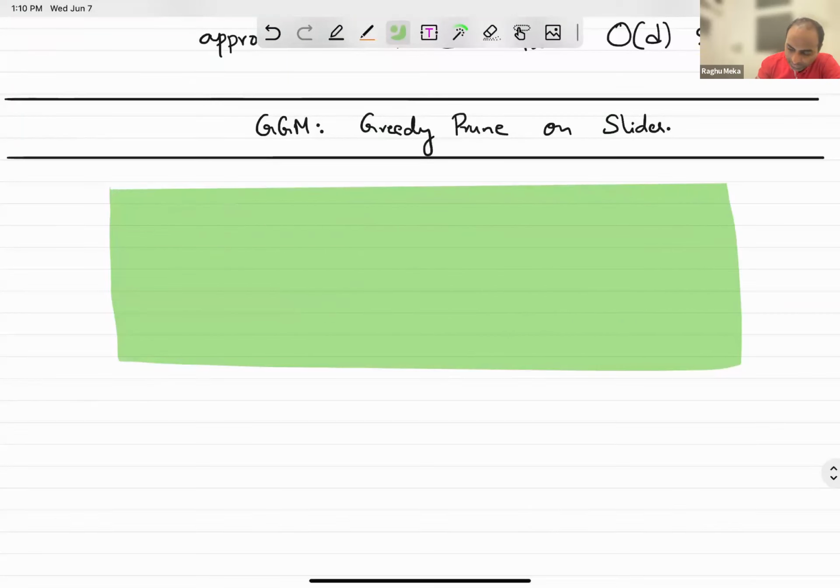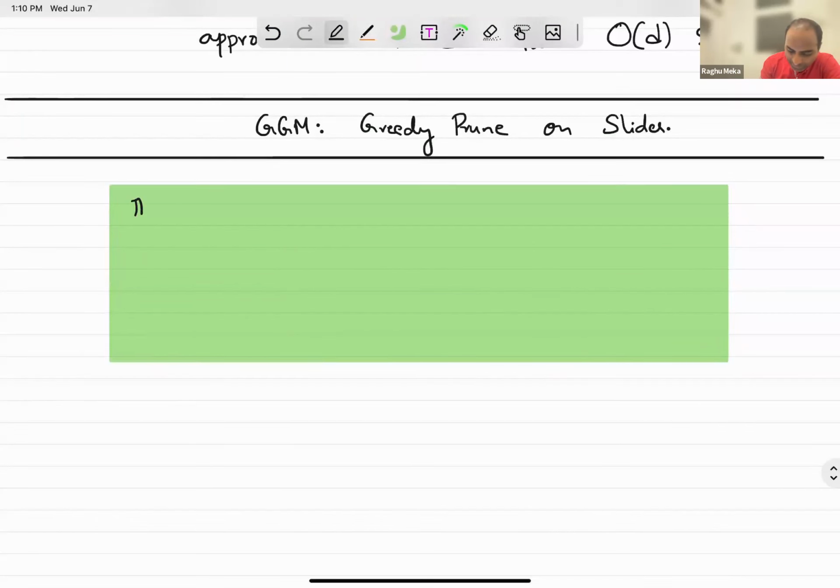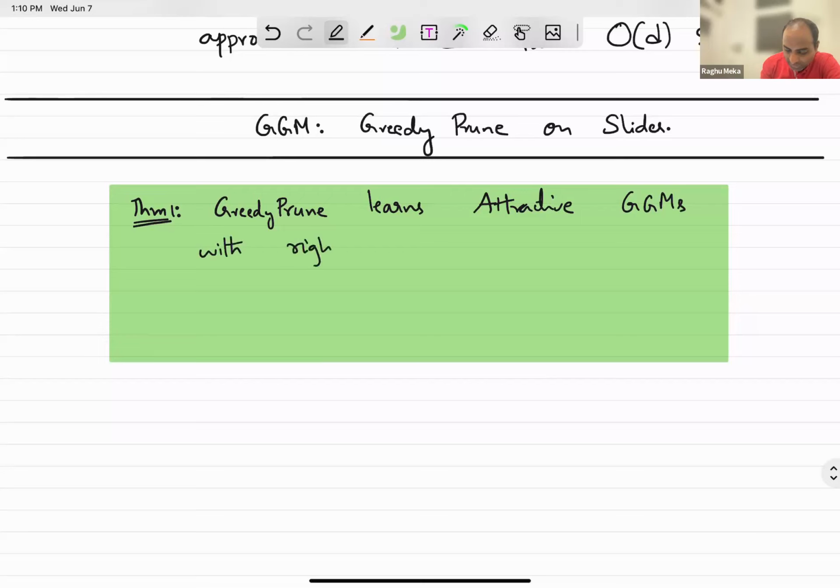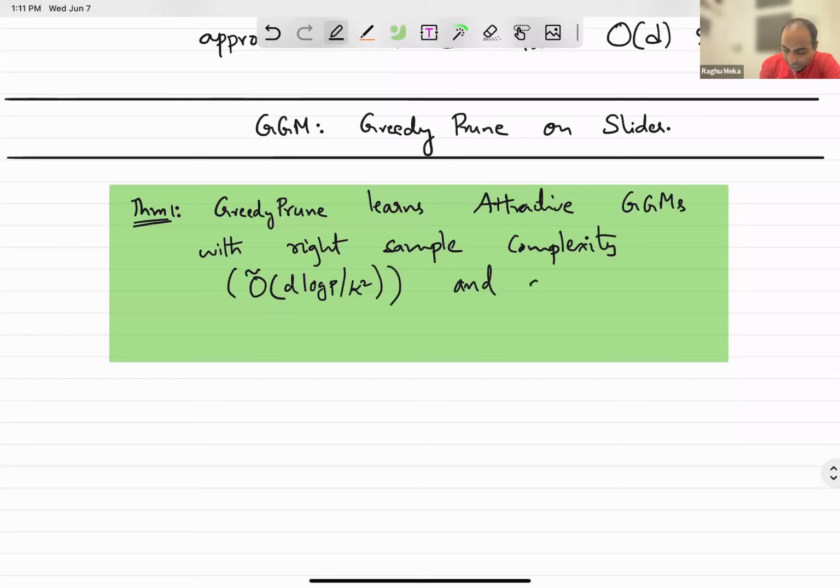The main theorems that we had were: greedy prune learns attractive GGMs with the right sample complexity and quadratic runtime.